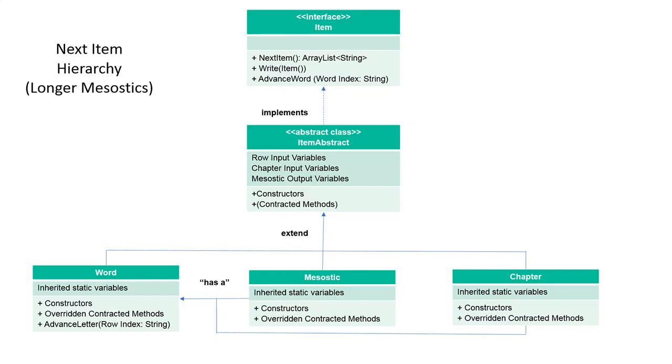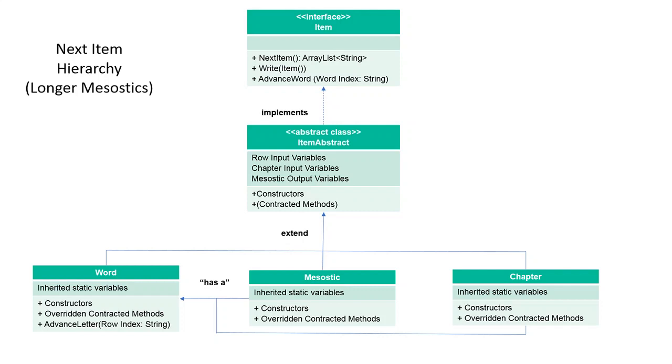as is by the three objects that do all the work in the machine: the concrete objects at the bottom of the hierarchy, and the most concrete and most important core object in the entire system is on the lower left. It's called Word. And this is the object that finds the next word on the next line of a given mesostic.